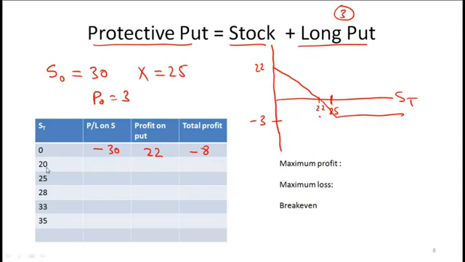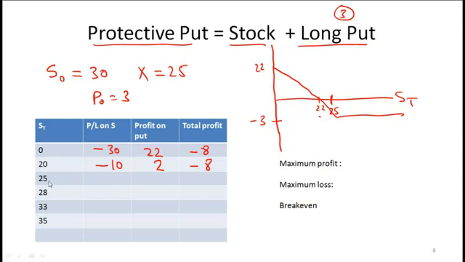Now back to this table over here. If the stock price is 20 at expiration, then our loss on the stock is $10. Our profit on the put, when the stock price is 20, is 2, and our total profit again is minus 8.